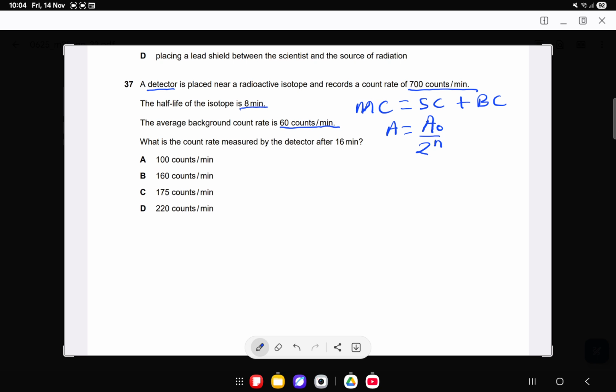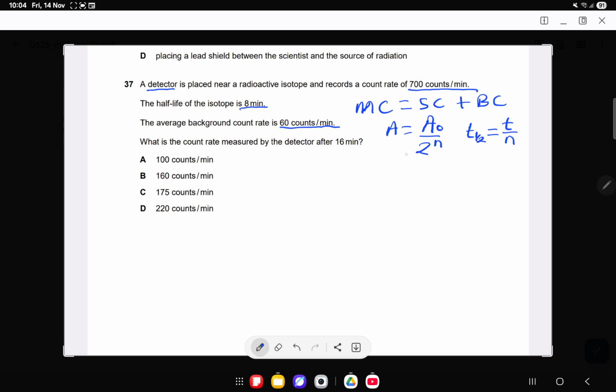Another relation we can use is the formula for half-life. The half-life, T half, is equal to the given time, T, over the number of half-lives. So let's keep note of these equations.